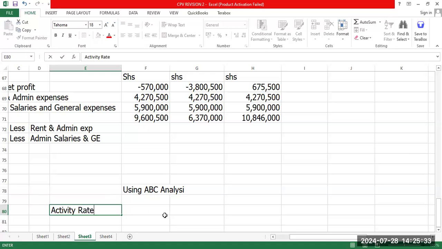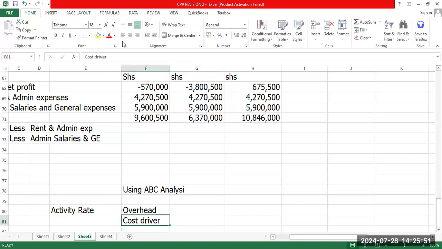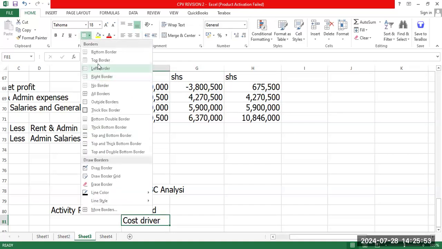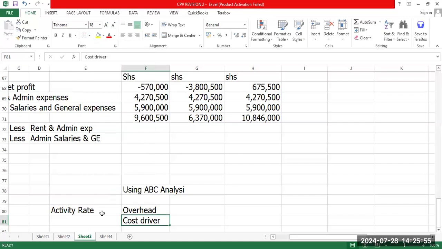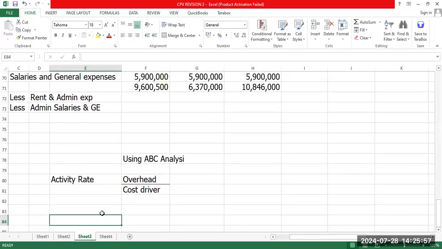Do you know the formula? Total overhead divided by cost driver. That is with ABC. You need it first to know the activity.